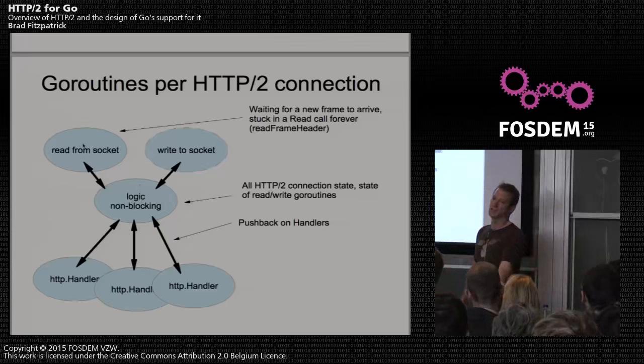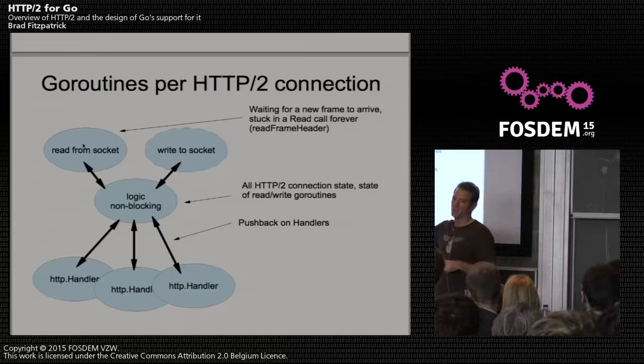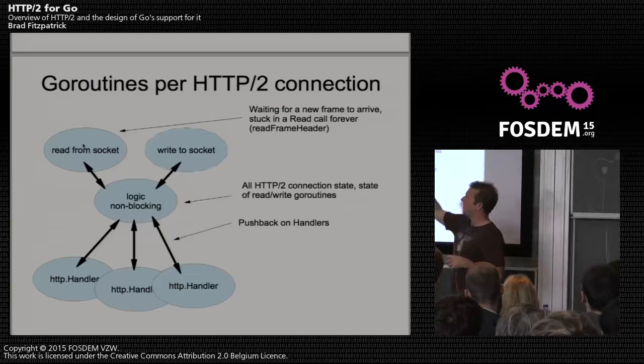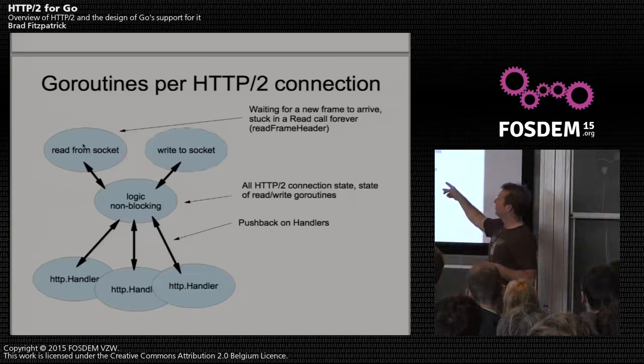We're just waiting for 9 bytes to show up. And once it gets 9 bytes, and then it reads the rest of the bytes, and it has a full frame in memory, then it sends it over a channel to the server one and says, yo, deal with this frame. And then it sits there bored until it's been handled, and then we say, OK, read another frame for me. We unblock you. Likewise, there's a Go routine that's writing to the network, and it could block sometimes. It has to flush something.